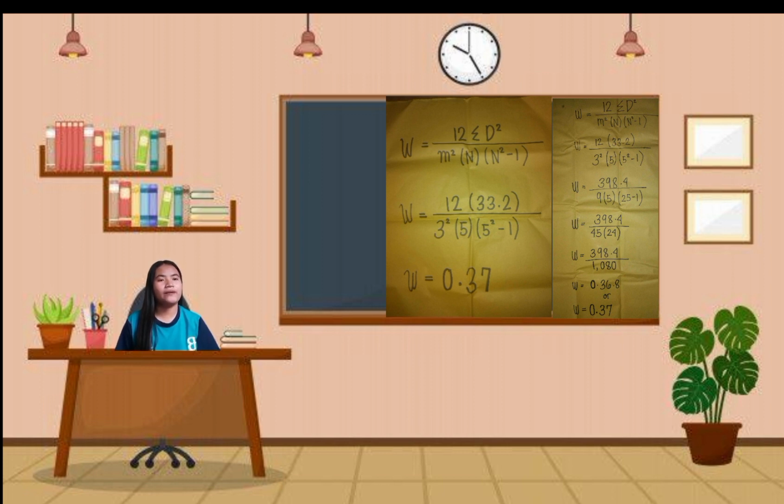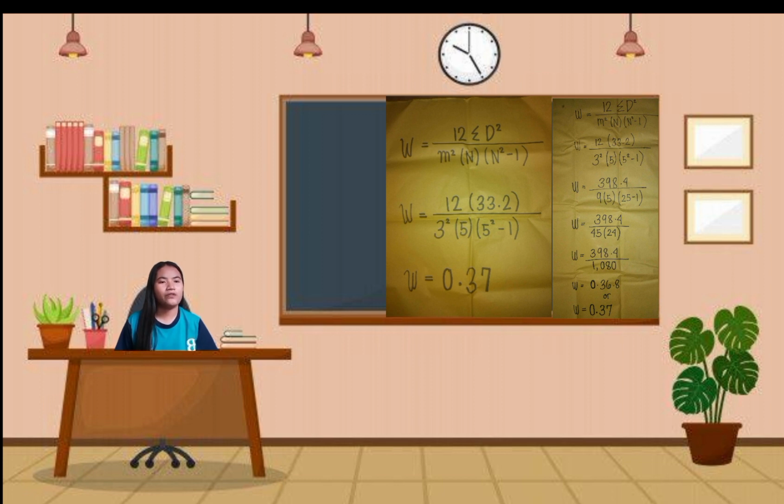Then, 25 minus 1 is equals to 24. So, W equals 398.4 over 45 times 24, which is 1,080.